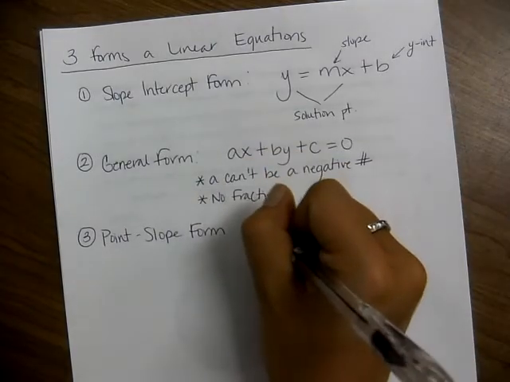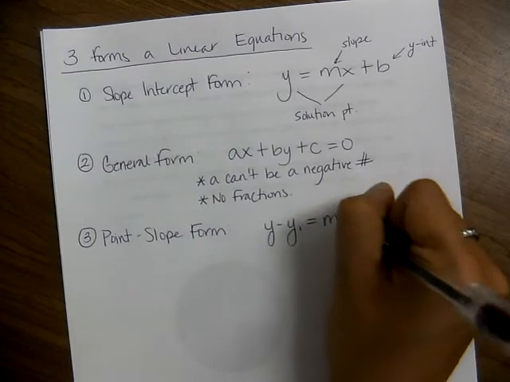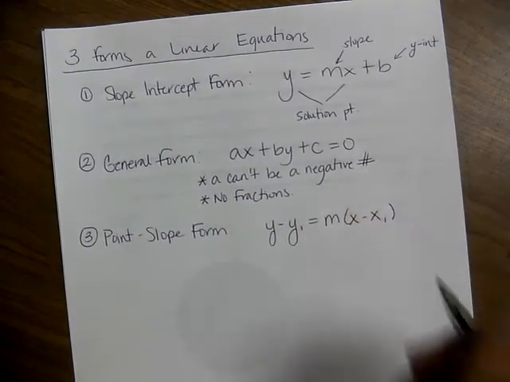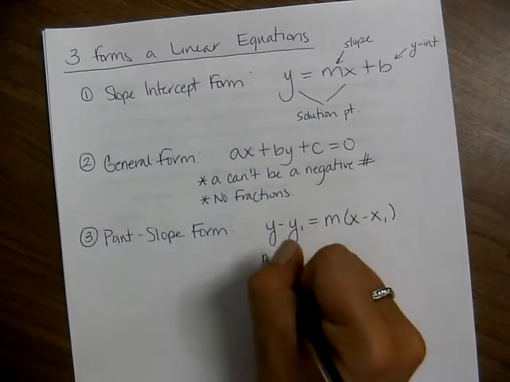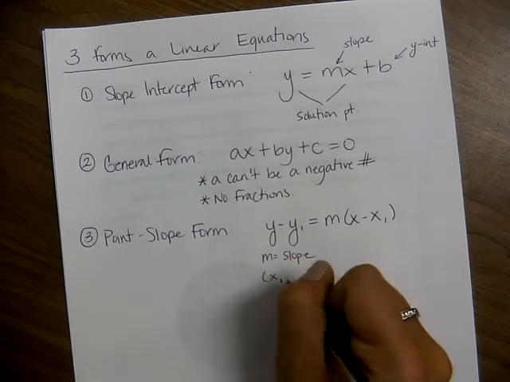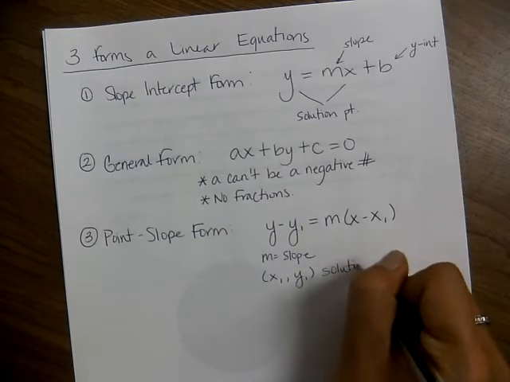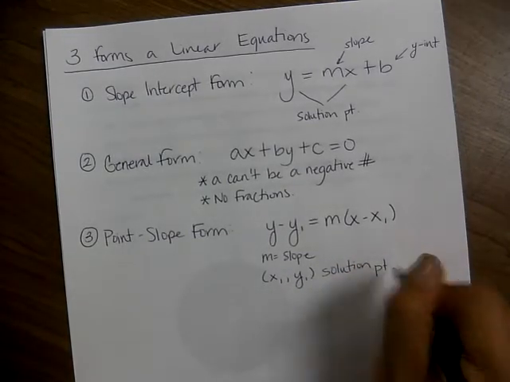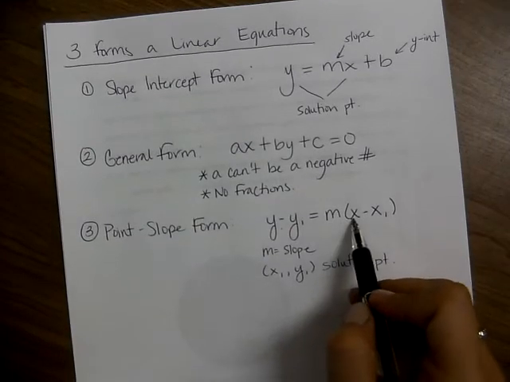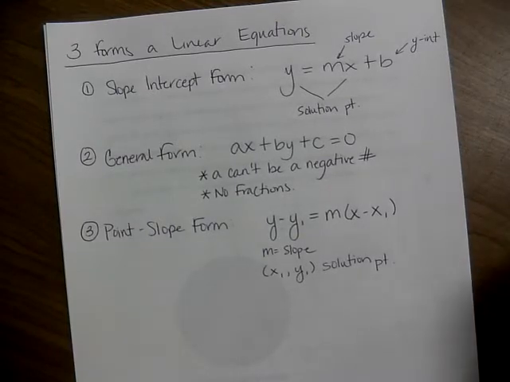Point-slope form looks like y minus y sub 1 equals m times x minus x sub 1. Okay, m is the slope, and (x1, y1) is a solution point. This y and this x with no subscript are just x and y in your equation, so those aren't going to change.